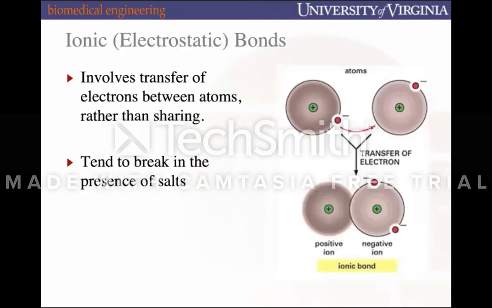Another bond that is important in considering how amino acids inform protein structure and function is electrostatic or ionic bonds. This involves a transferring of electrons between the atoms rather than sharing, which is covalent bonds. And so what's important to know is that this requires charges to be shared.